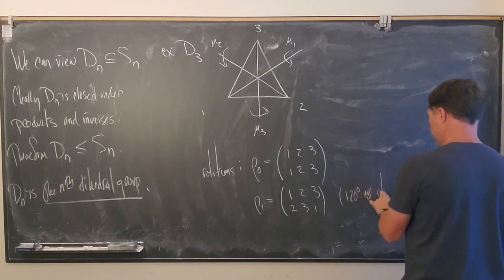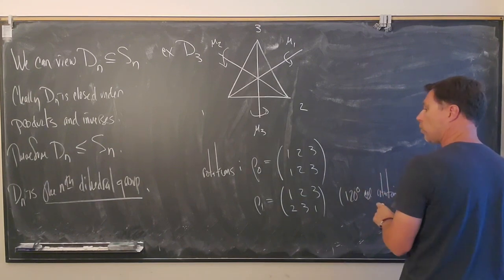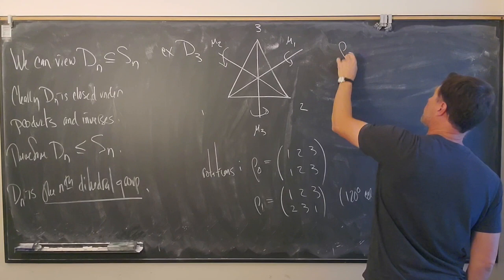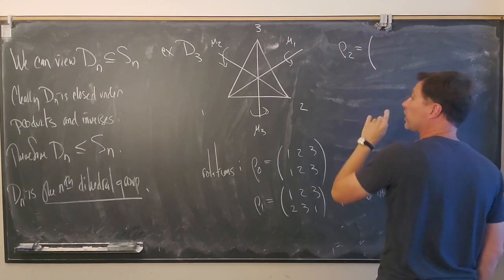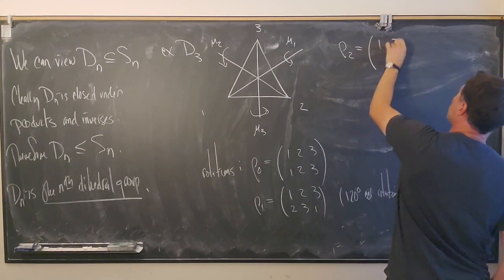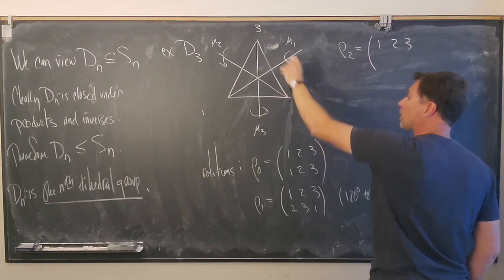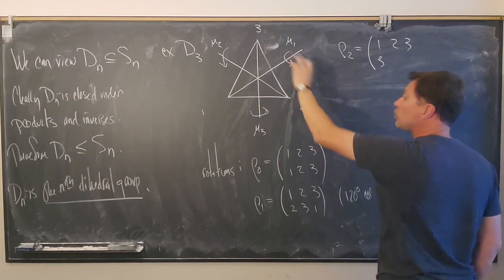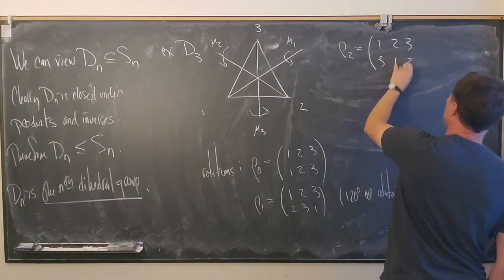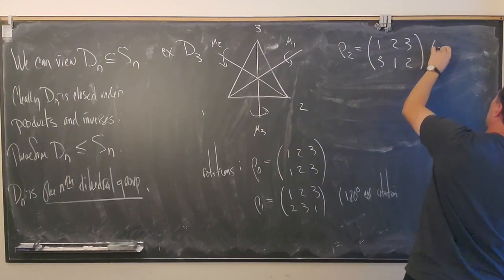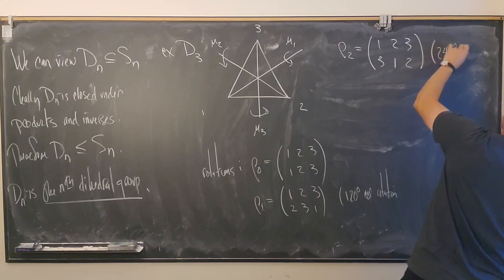And then rho 2, the 240 degree rotation: 1 goes to 3, 2 goes to 1, and 3 goes to 2. So that's the 240 degree counterclockwise rotation.